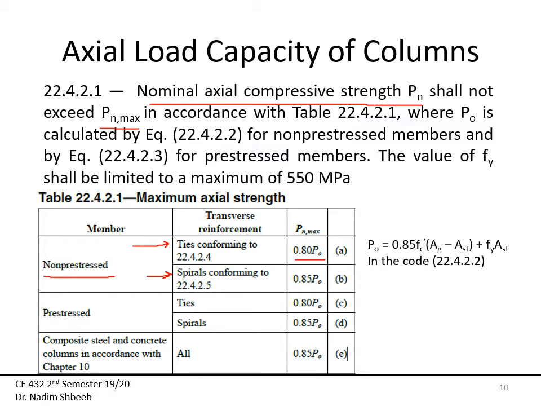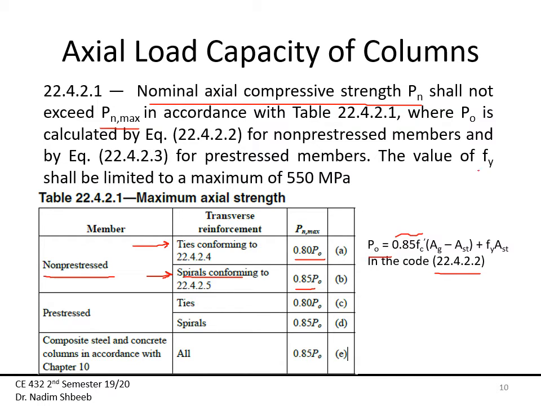Okay, if it's a spiral, it's going to be 0.85 P0. Now, P0 defined in the code is the same equation that we just developed before, which is 0.85 f'c times the gross area minus the total area of steel, plus Fy, the yield for steel, times the total area of steel, which is found in the ACI right here.